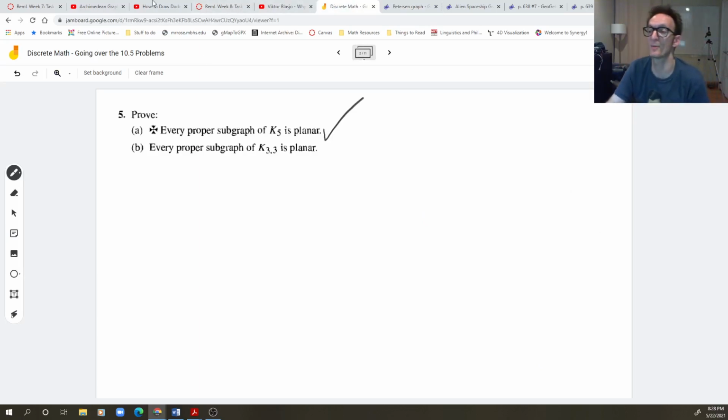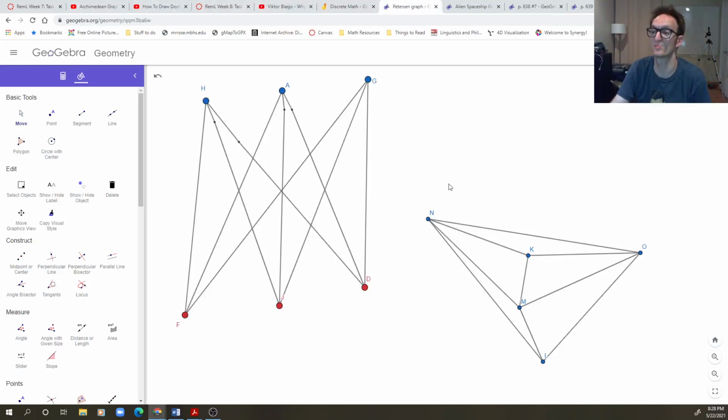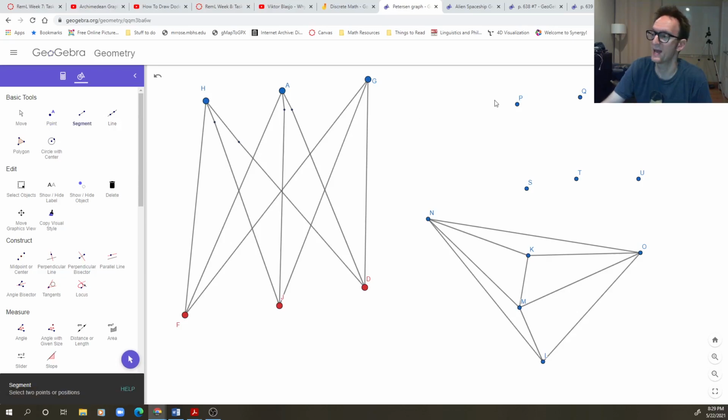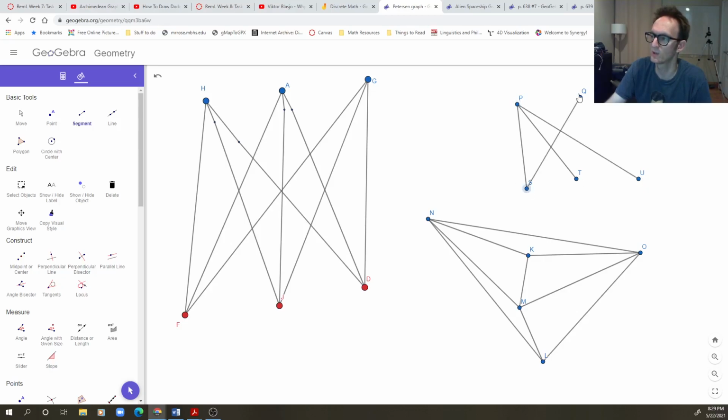Every proper subgraph of K33 is planar. Well, this is basically a K33. Maybe I don't want to do that, though. Maybe I want to make my own real K33. So, boom, boom, boom. And I'm just reusing the same file instead of opening a whole new one. This will only take a minute.